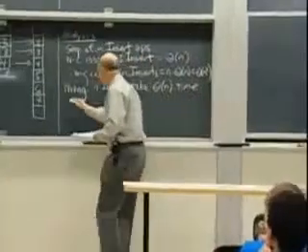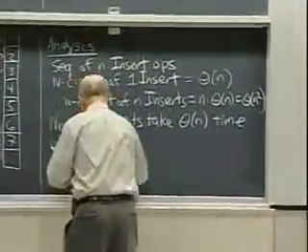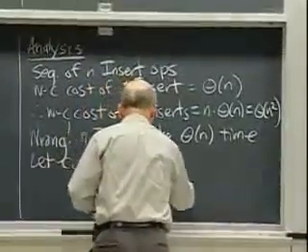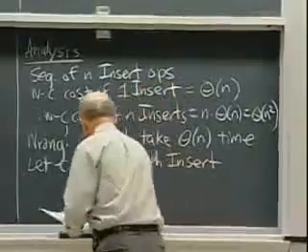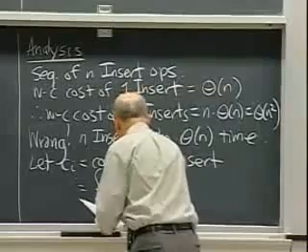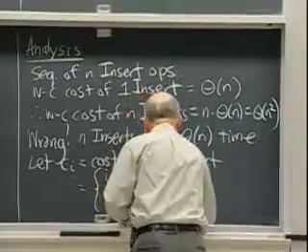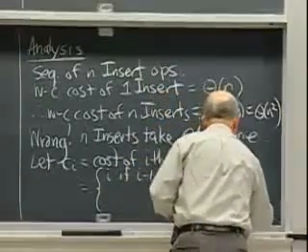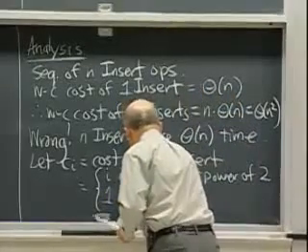So let C sub i be the cost of the ith insert. That's equal to i if i minus 1 is an exact power of 2, and it's 1 otherwise.